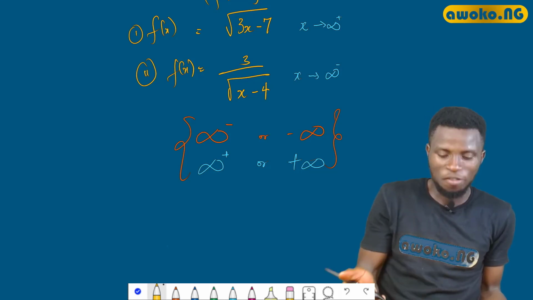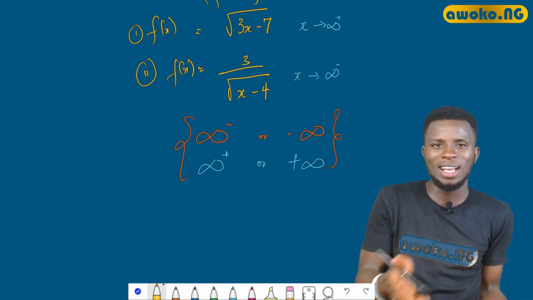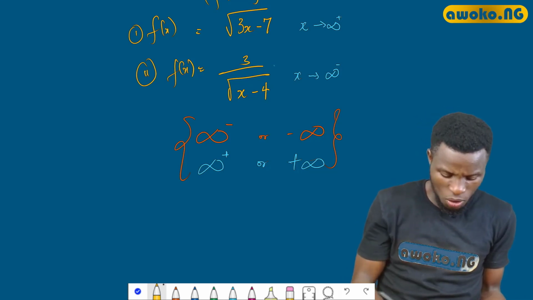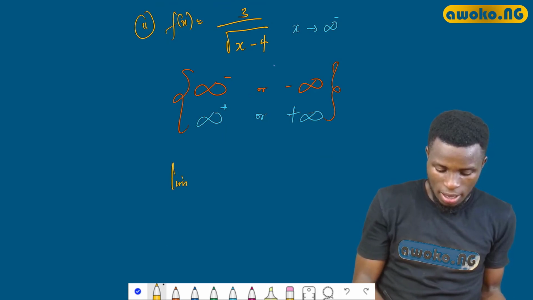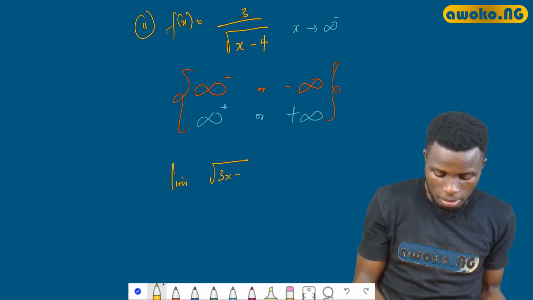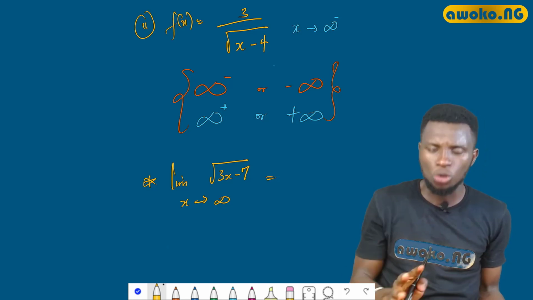Okay? Now, the function square root of 3x minus 7 as x approaches positive infinity. What we'll just have to do is to find the limit of the square root of 3x minus 7 as x approaches infinity. And I told you, don't just bother yourself to solve.